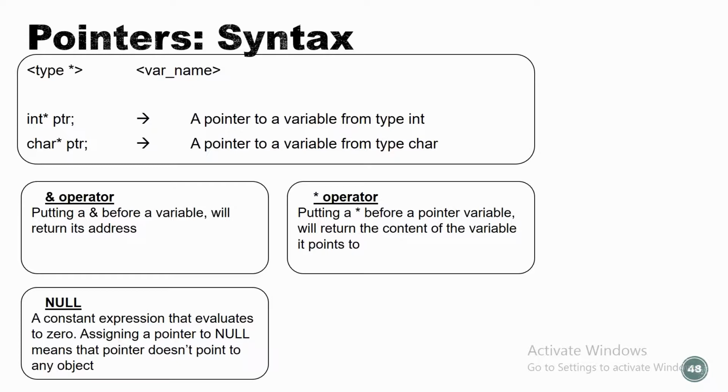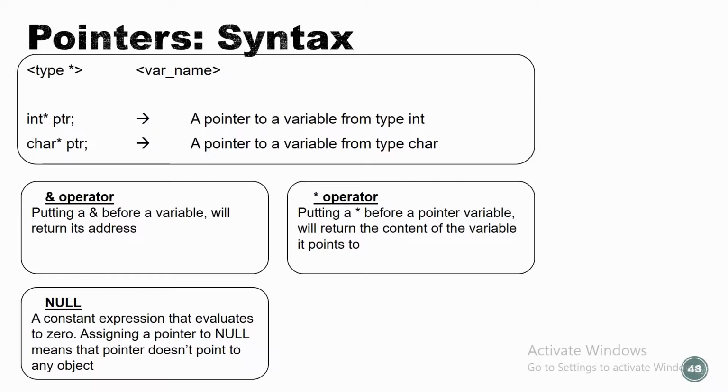And now this is a reserved word we're going to use in uppercase: NULL. What is it? It's a constant expression that evaluates to 0. When assigning a pointer to NULL, that means that the pointer doesn't point to any object. We're not assigning it to anything, but we don't want the compiler to complain about it, and we don't want our program to break.